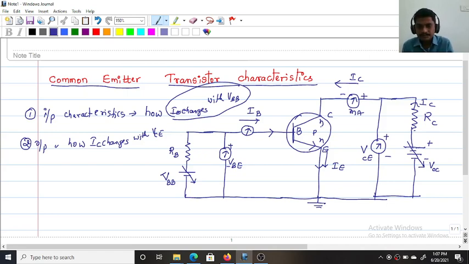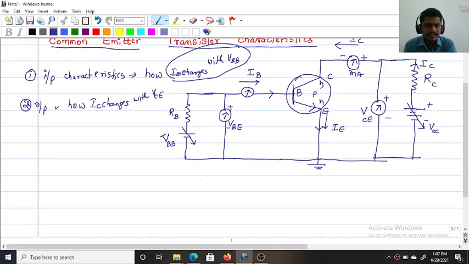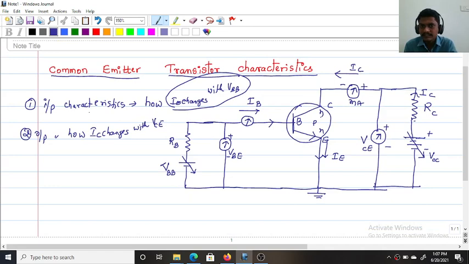Now this is about the connections of this common emitter transistor. Here I took an NPN transistor. This is the collector, this is the base and the emitter. The emitter is connected to ground. We apply input voltage across the base junction.